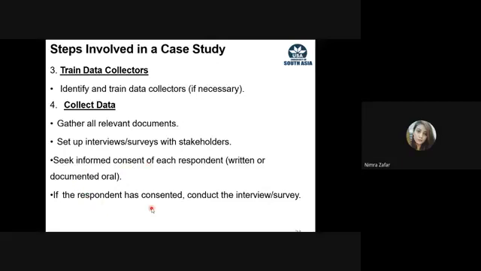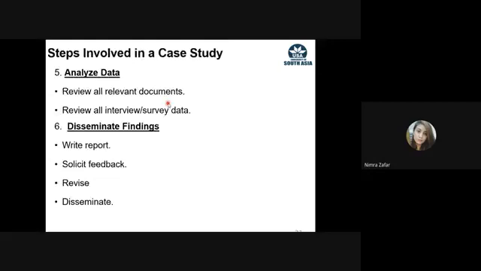If the respondent has consented, conduct the interview or the survey. Then you have to analyze the data: review all relevant documents, review all interview or survey data, disseminate findings, write reports, solicit feedback, revise, and disseminate.